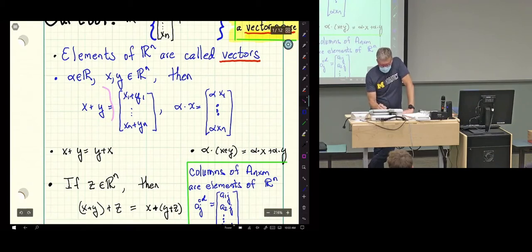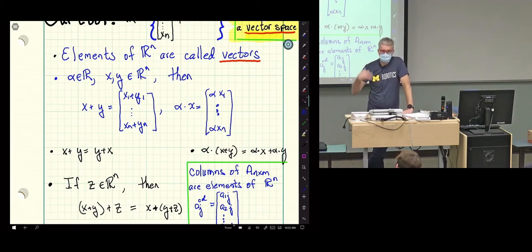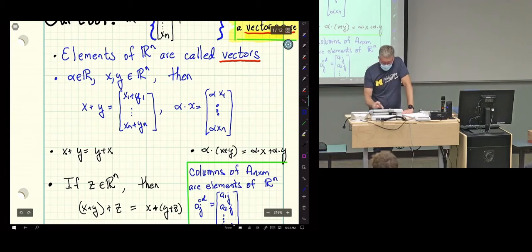All we do is we add their respective components, and we know what addition means for real numbers, so we know how to then add two vectors. Also, if we take another constant in the reals, we can multiply that constant times a vector by multiplying it times each of the components. So this is giving us algebraic operations on the set of vectors of length n.